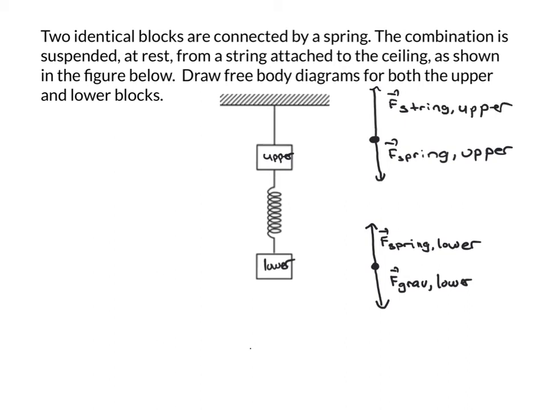So those are the two contact forces, and then in addition, there is a downward force of gravity that acts on the upper block. So that's the force of gravity sub upper.